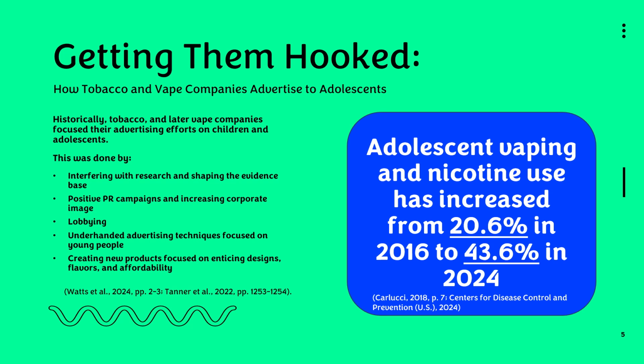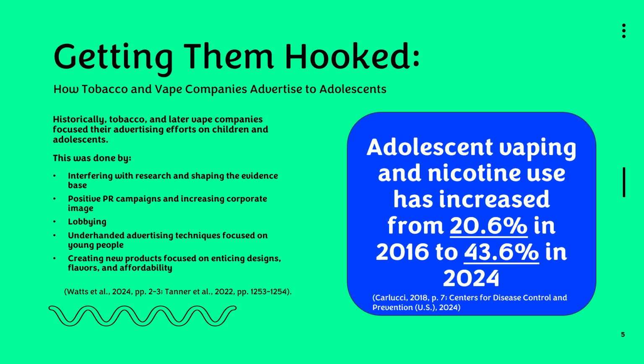So things like interfering with research and shaping the evidence base. The research arm JLI Science, which is a merger between Altria and Juul Labs, only 46% of their pre-specified outcomes were reported or properly declared, which is a huge concern about selective reporting bias.